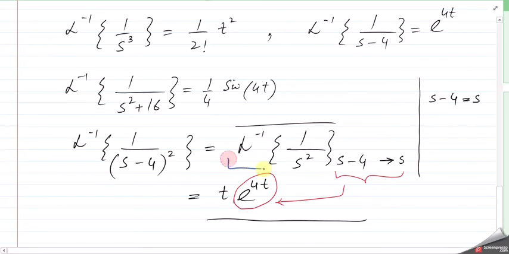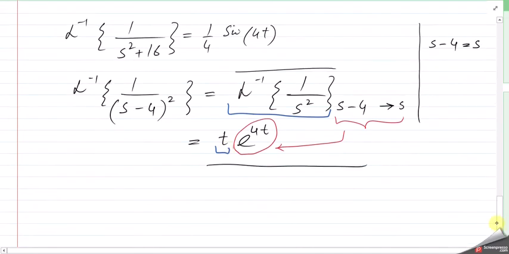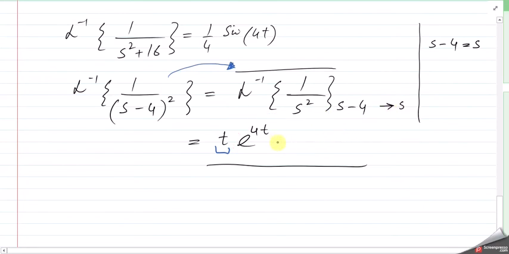This blue part gives t. Right. Now there is another situation. As we go from here to here, we put s minus 4 equals s, and we write it like this: s minus 4 goes to s. That's how we write it. Let's remove all these prompts.